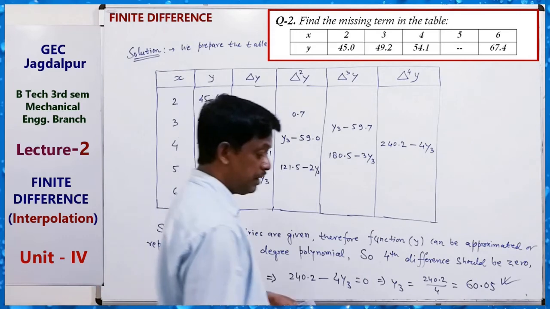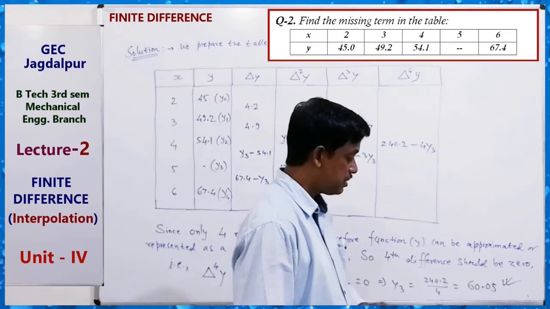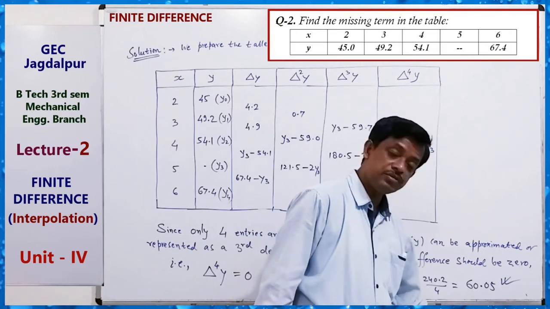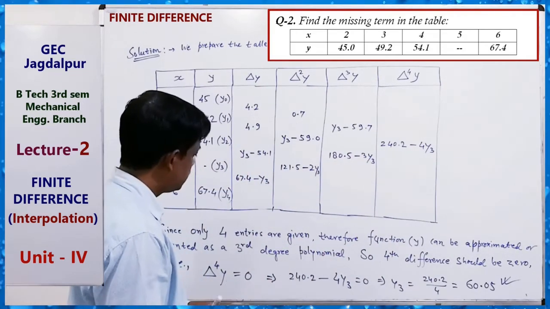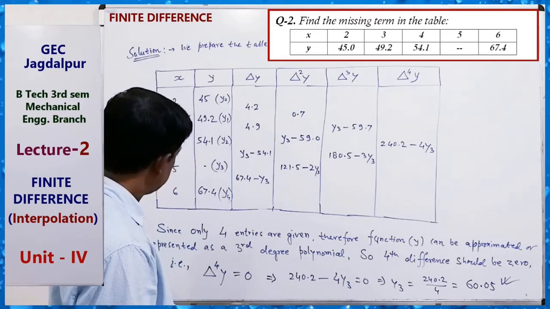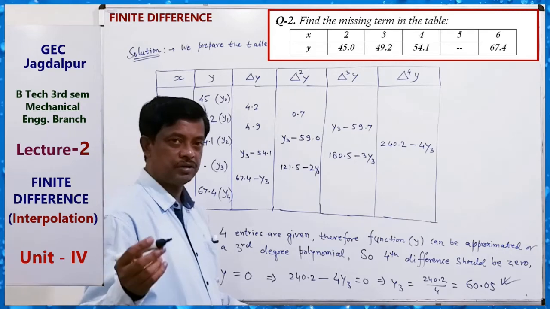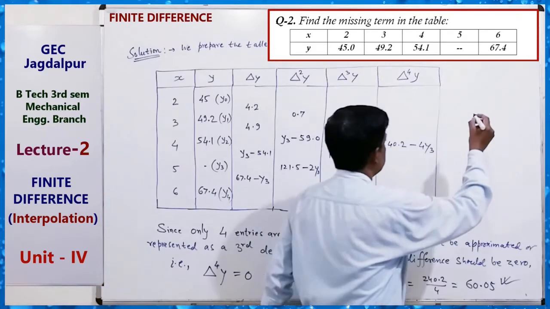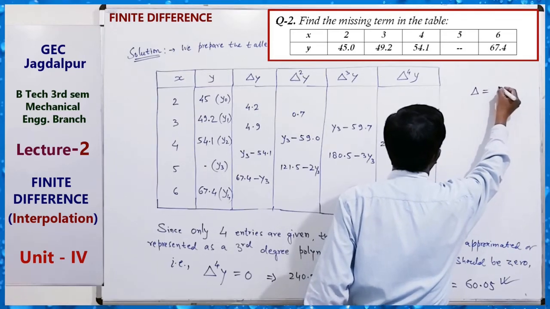Here, for finding differences, you can also use the relation del equals 1 minus E inverse.